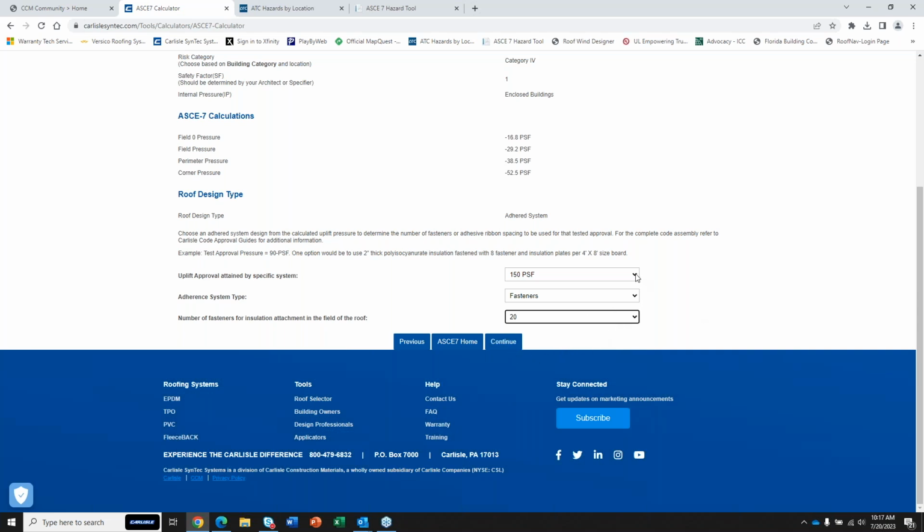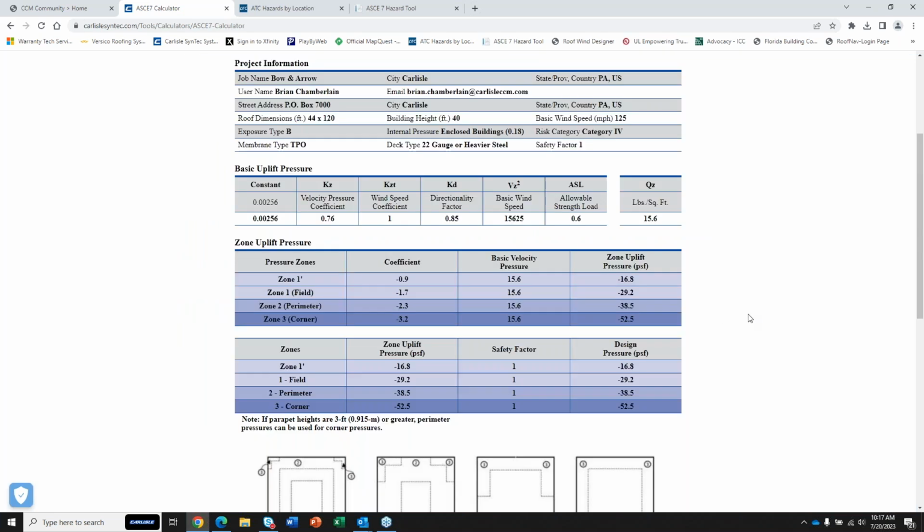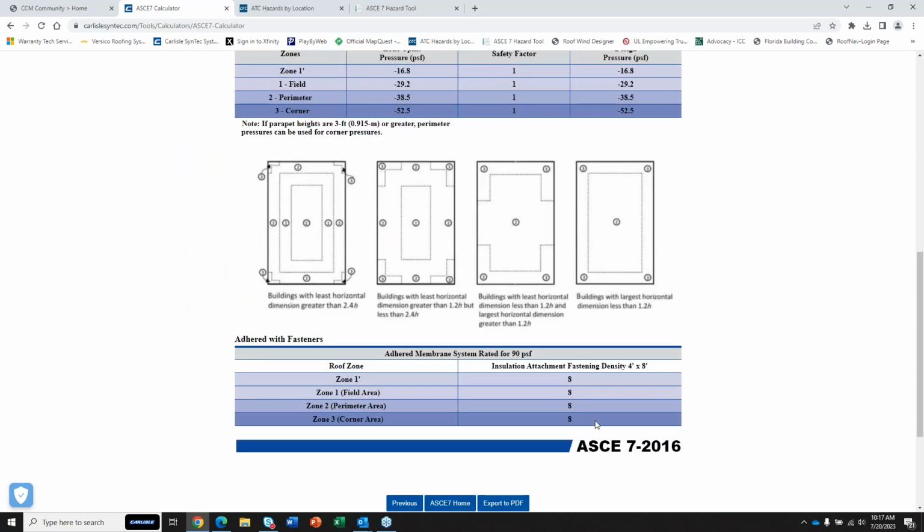But we're going to go back to the default of 90 and 8 in this case, showing you the example, because bottom line is when this is printed, at the bottom we have the rated system listed at 90 pounds per square foot. And then we show all 8 in all 4 zones, because ASCE 16 has 4 zones.